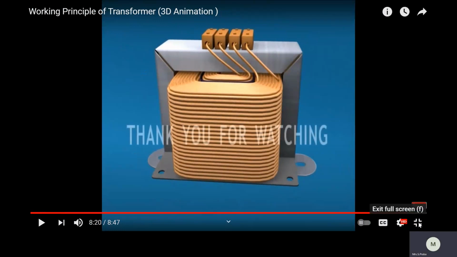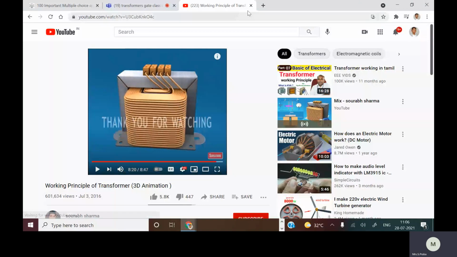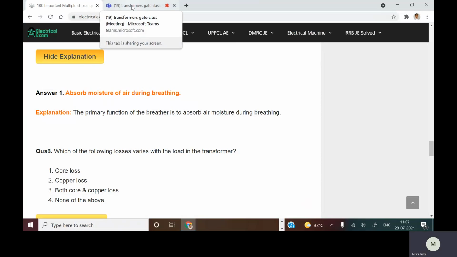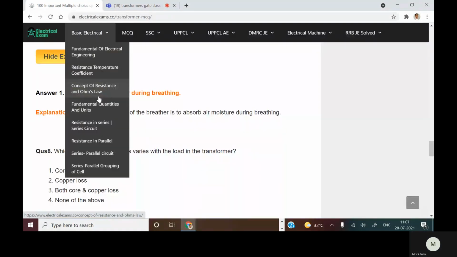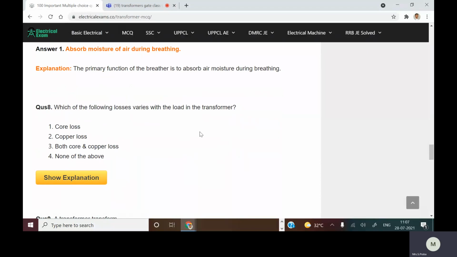Now it must be a little bit clear how transformers are constructed and how they work. A little bit of knowledge we will gain through this animation video. Any doubt in this session you could ask me. Or else let's move on to the next question.